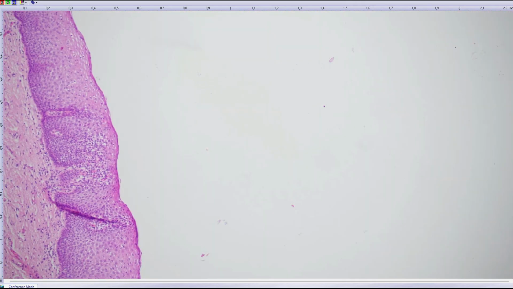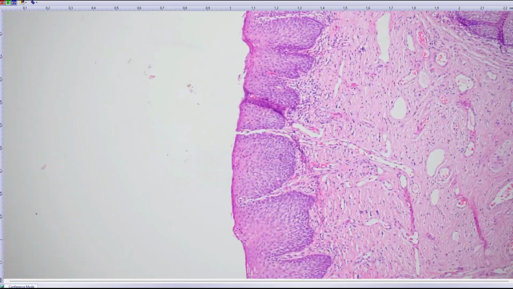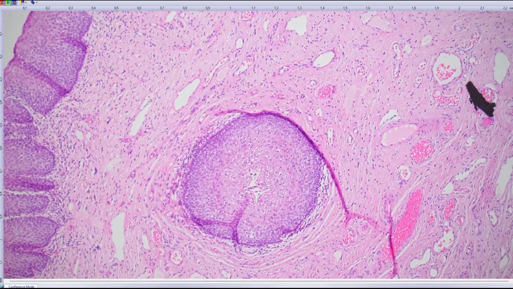Okay, here I have a lesion that was present in the introitus of the vagina.